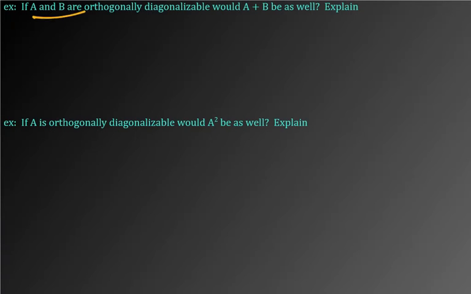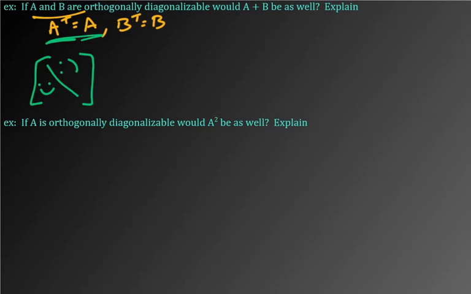Anytime I say orthogonally diagonalizable, I'm basically also saying A transpose equals A, or B transpose equals B. Basically, it's symmetric, right? And so if you take a symmetric matrix like this, I'll just do something silly like this.